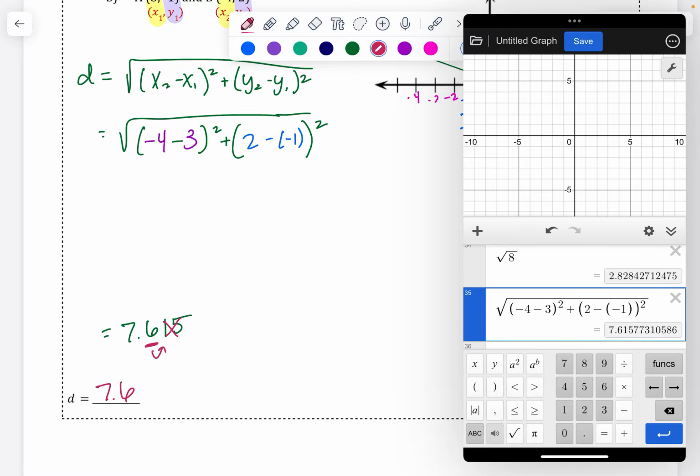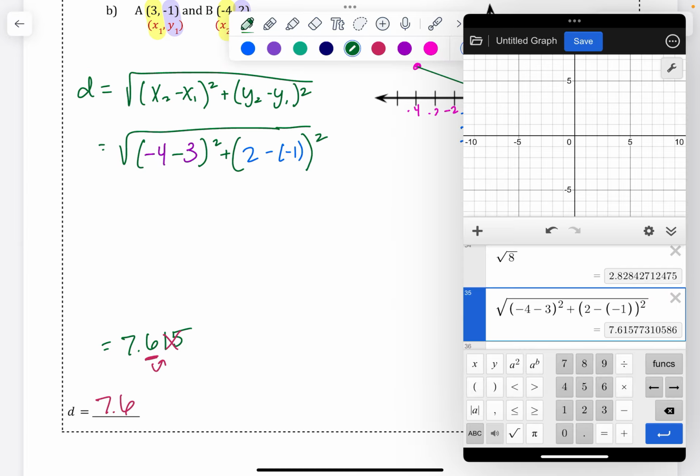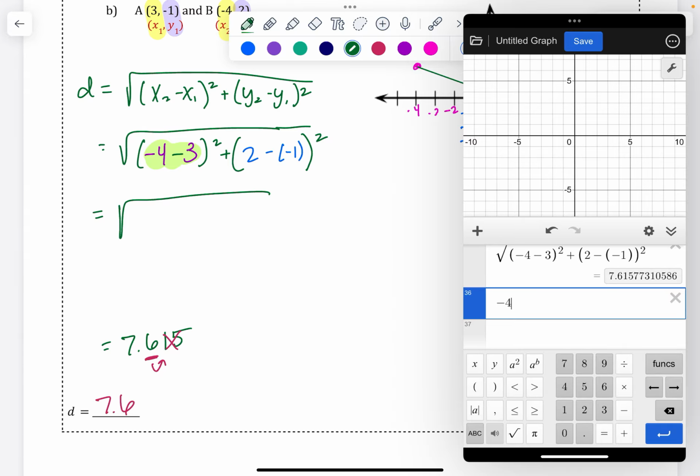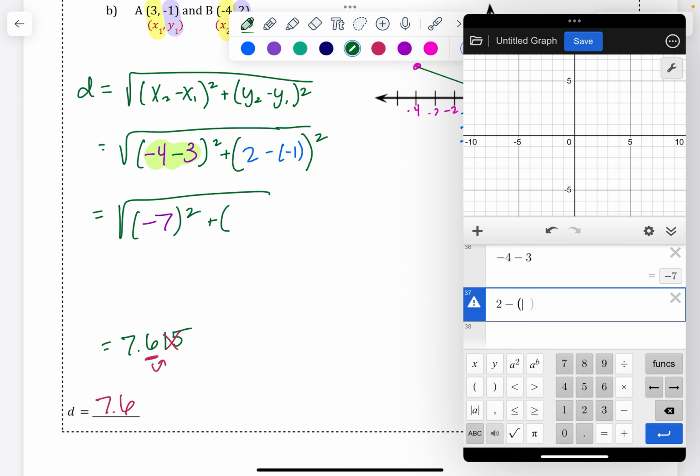Okay, now again, like last time, we could just continue with it. I'm first going to see if this one simplifies. What's negative 4 minus 3? That is equal to a negative 7, quantity squared, plus, then I have 2 minus negative 1.